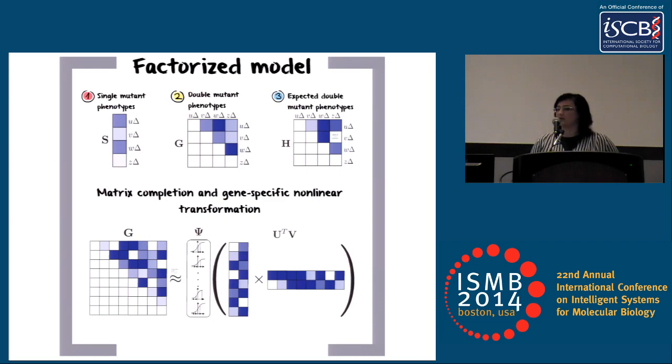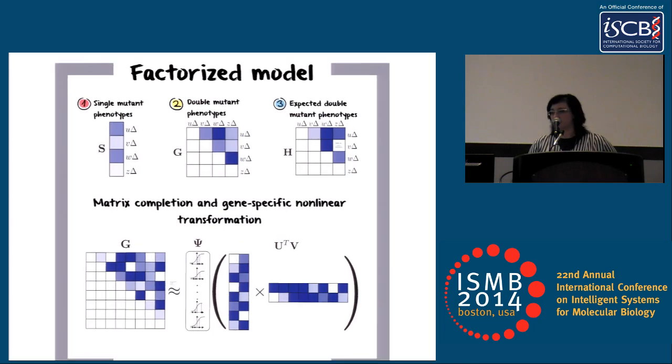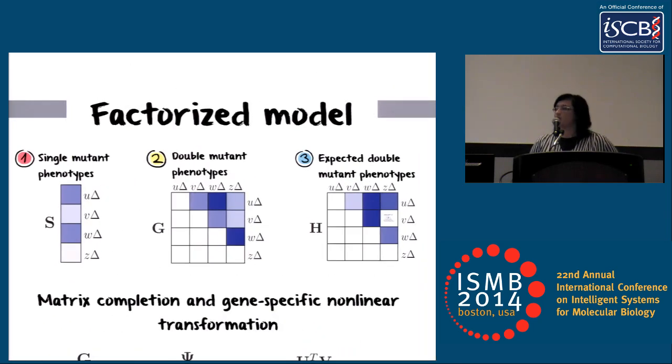The input to this factorized model consists of three parts. These three parts are obviously a generalization of our two example data that we had there. For a given set of genes, here we have just 4 genes in this cartoon, we have a vector which represents the phenotypes of single mutants.